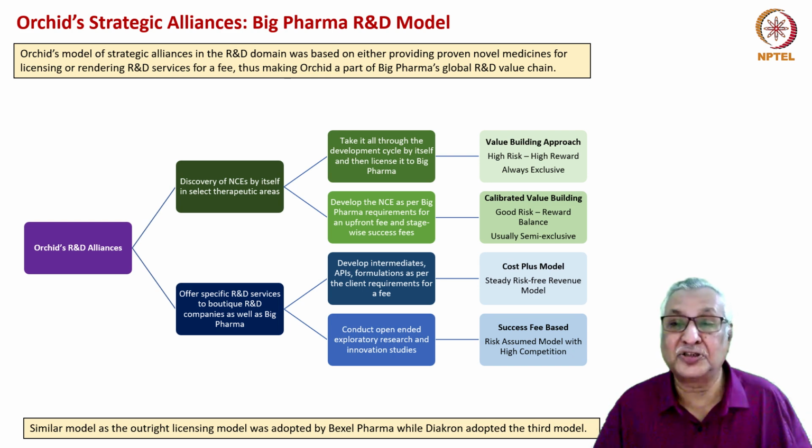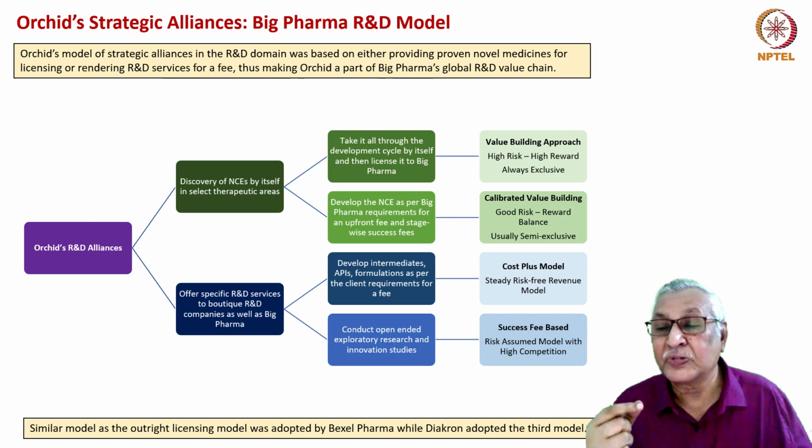And this is a great achievement by the company. In the second category of developing NCE as per big pharma requirements, we can see this as a calibrated value building, good risk reward balance, and it is usually semi-exclusive. The first one is always exclusive to the partner.